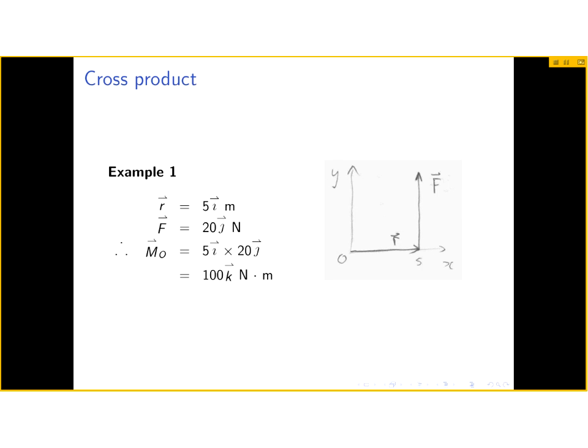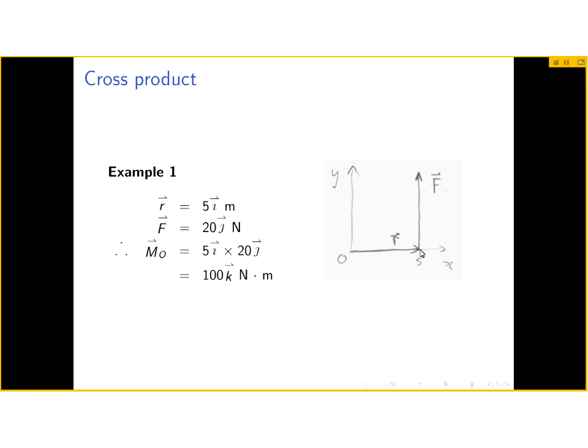And let me introduce this with a first example. Let's have a force F of 20J, as defined here, and I've indicated here also 20 units in the Y direction.